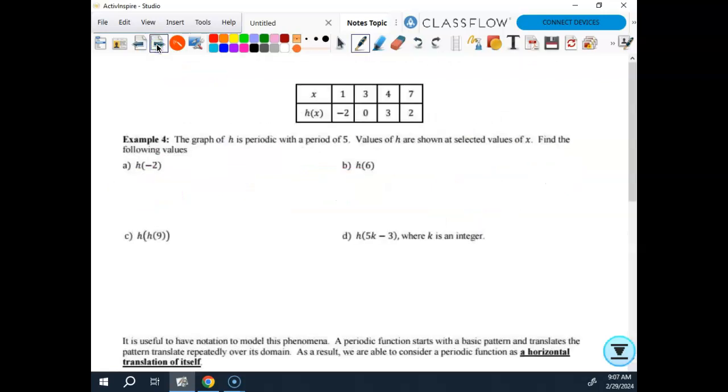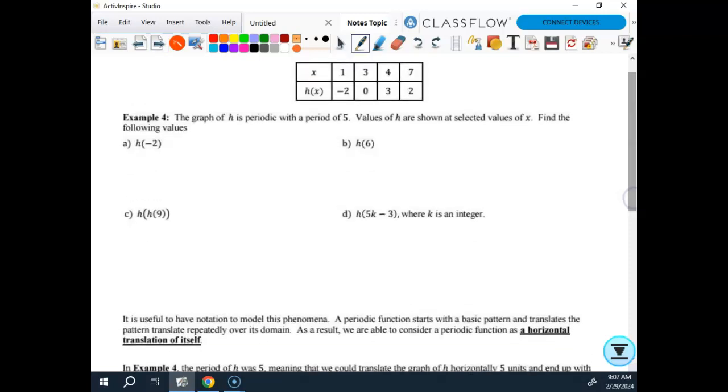So this next set of stuff, we don't have a graph, we have a table. So I want h of -2. -2 is not an option for me up there. It tells me that the period is 5 again. The values of h are shown. See if you can rewrite h of -2 and figure out what that is.